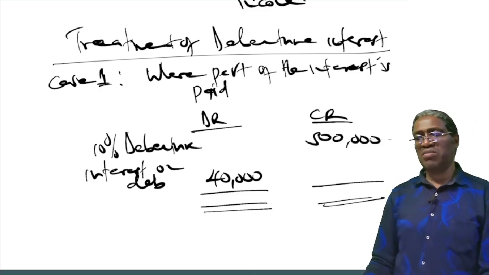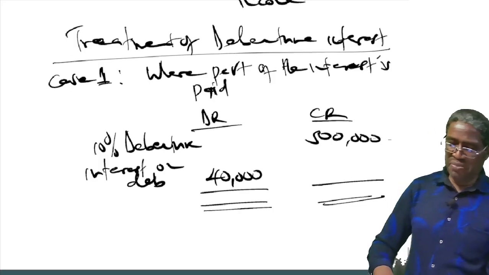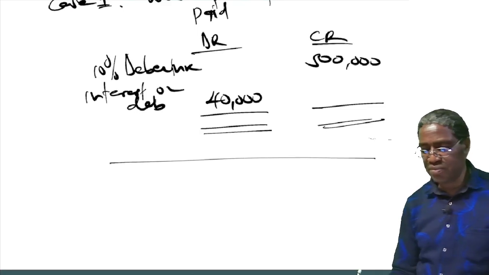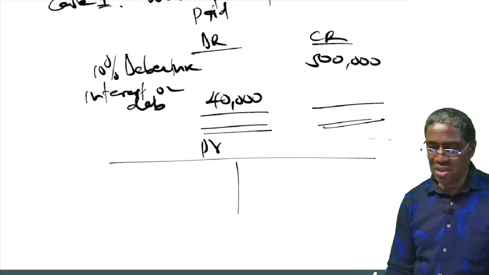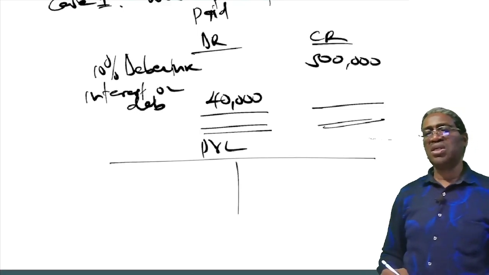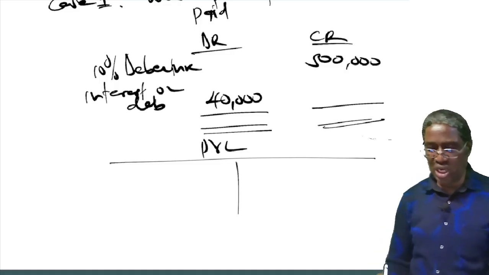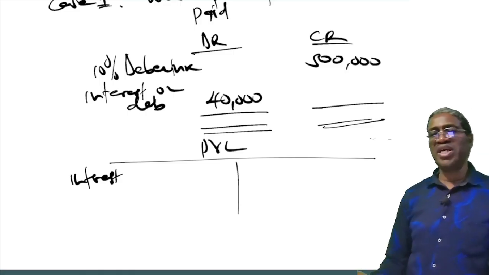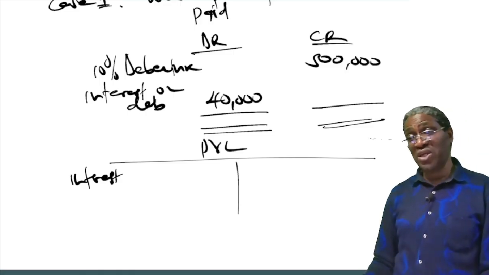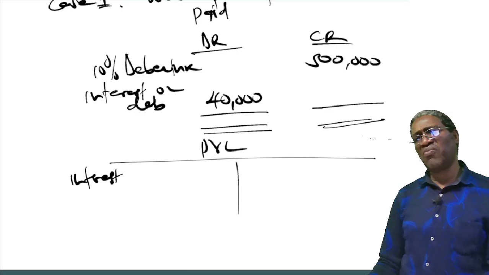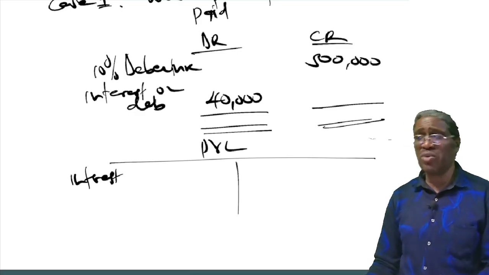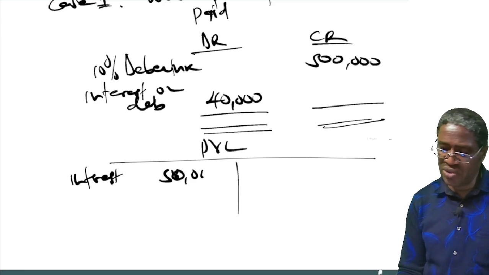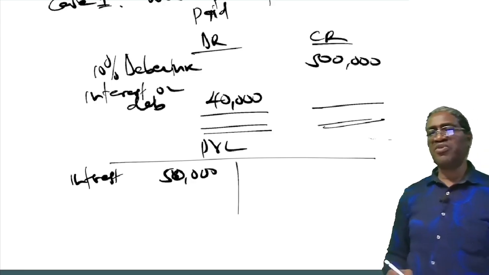That was our case number 1. Then below there, show like you are preparing a P&L, profit and loss. In that P&L, how much do you charge as far as interest is concerned? We said interest is the charge for the year, 10% of the amount of the debenture, whether you have paid it or not, and that comes to 50,000.